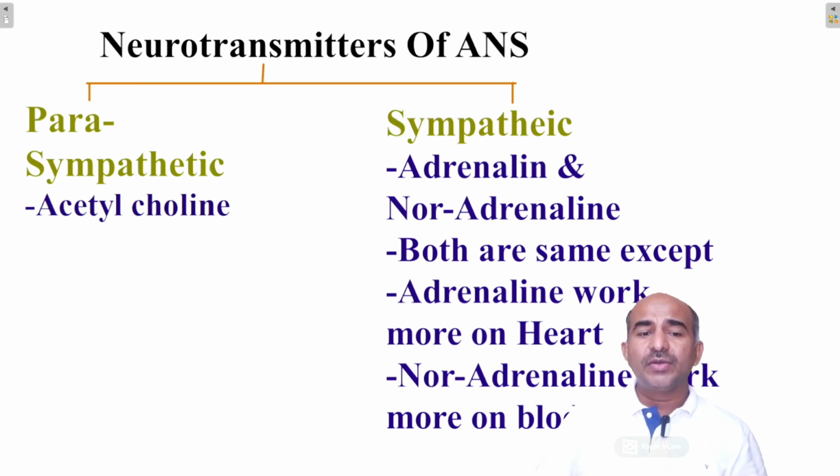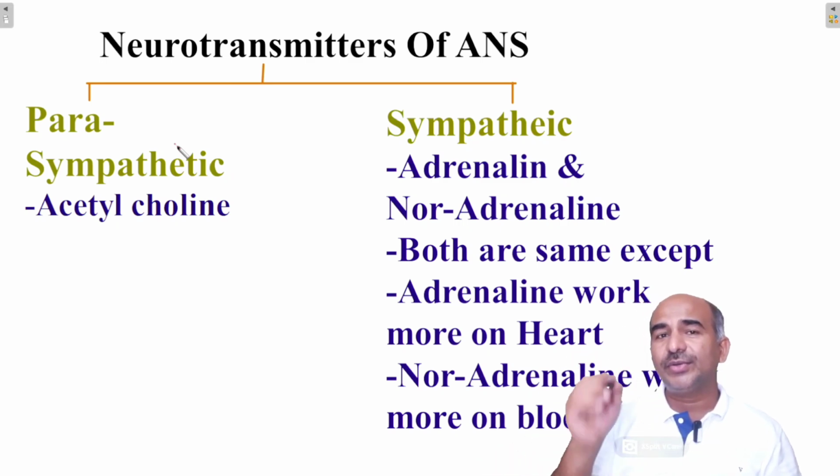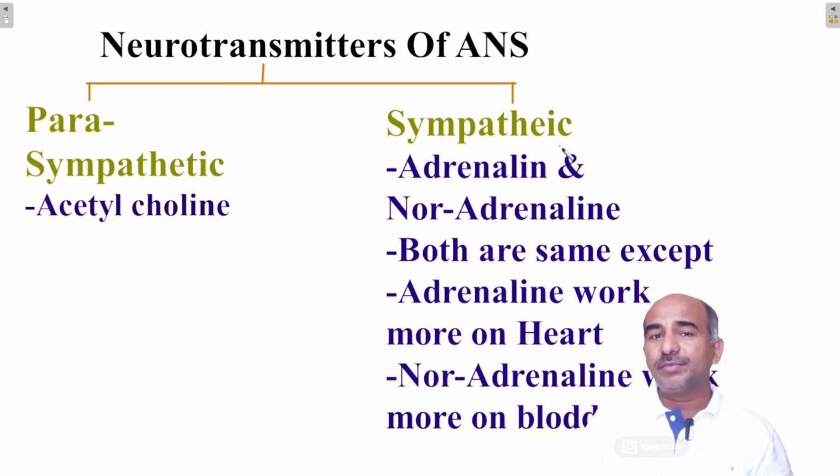Got the point? So the parasympathetic neurotransmitter is acetylcholine. Why? We observed by chemical analysis that during parasympathetic activity, acetylcholine works, and during sympathetic activity, adrenaline and noradrenaline work.